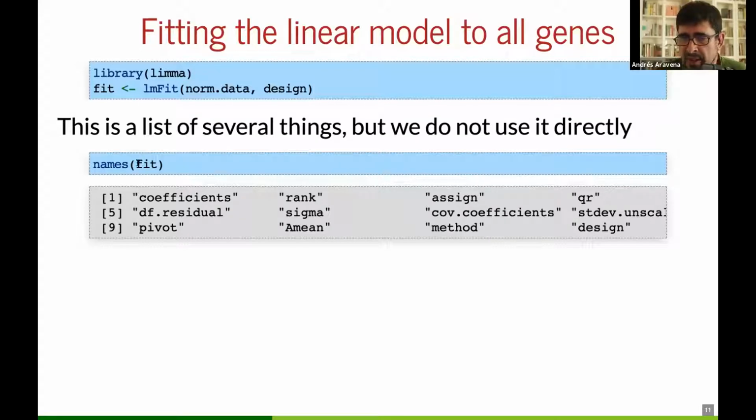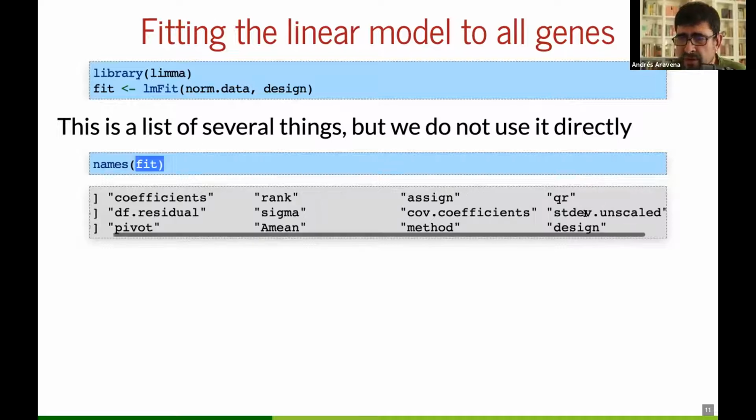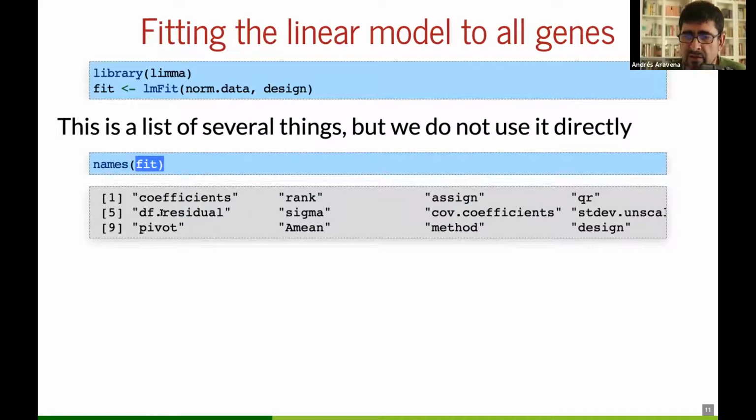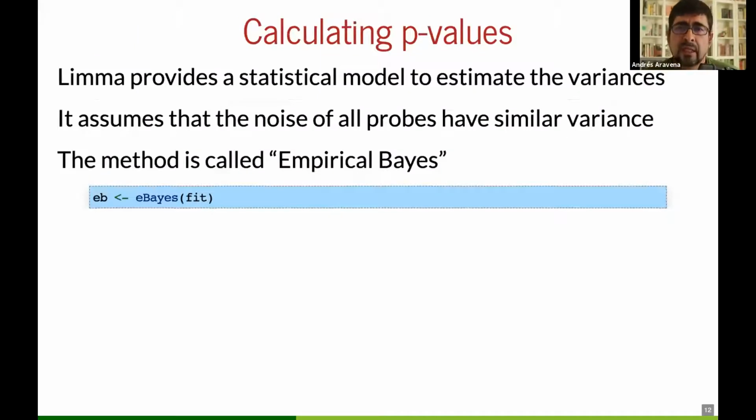It gets a complex object that I don't want to spend too much time on, because to be honest, most of the time we never look at what is inside. If you are very curious, you can see the standard deviation, scale and the degrees of freedom. There are some technical details.